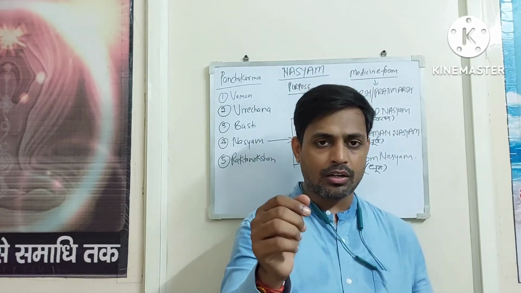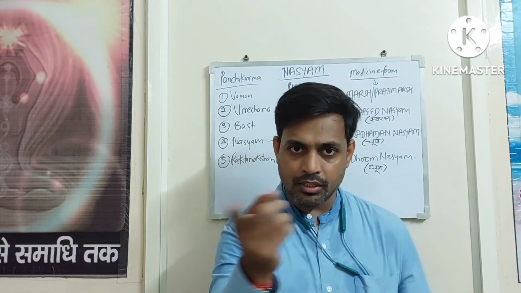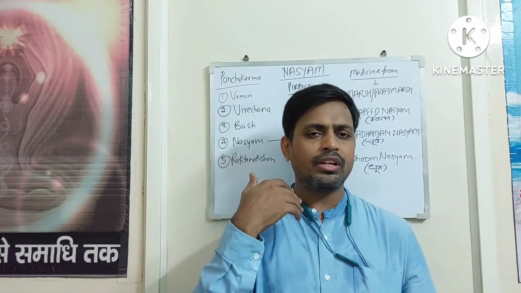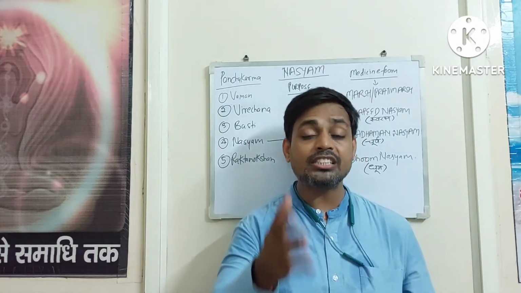So, take one pinch of the powder of the root of Arka and put it inside the nose of the fainted epilepsy person. It will go inside automatically with the inhalation, and it works immediately.